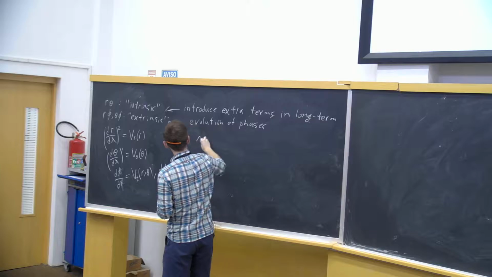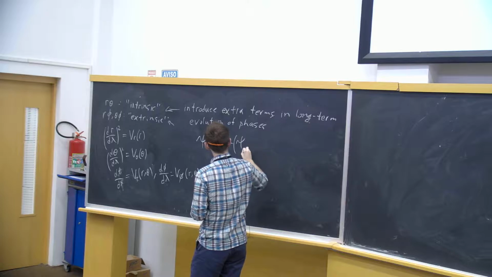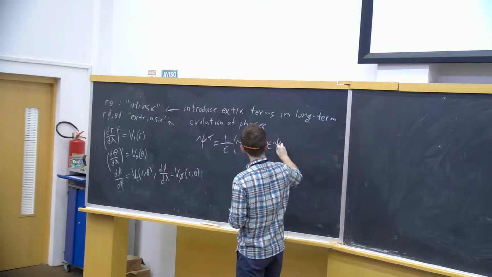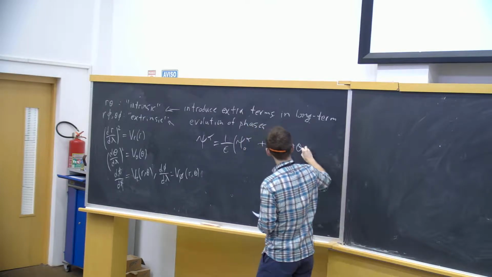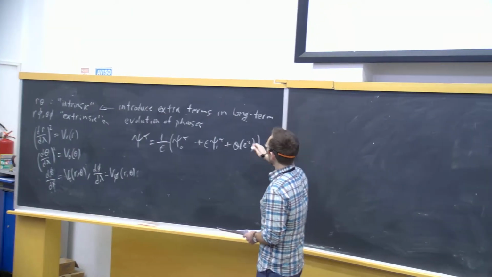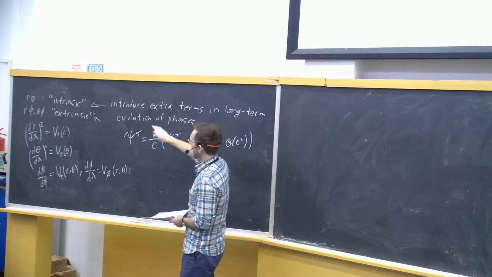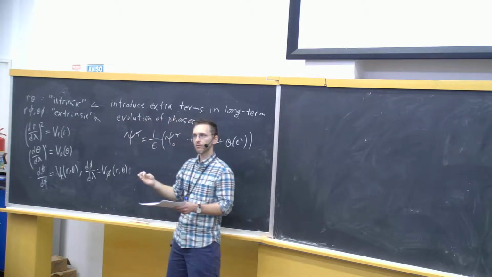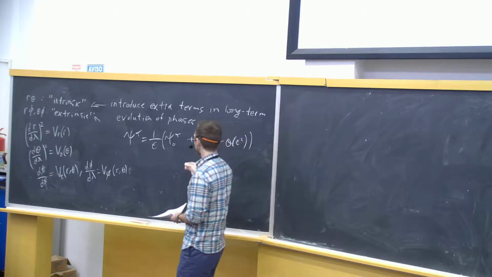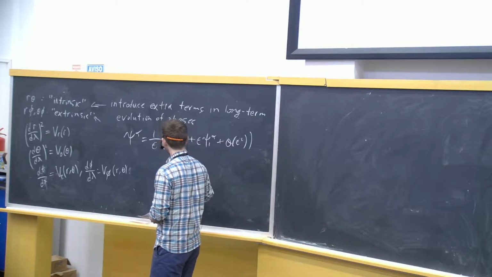So remember I had psi alpha was 1 over epsilon, psi 0 alpha plus epsilon psi 1 alpha plus order epsilon squared corrections. As the orbit evolves, the frequencies will change with time, and you'll pass through resonances. These are transient resonances. You'll pass through, encounter a resonance, keep evolving out of the resonance, and that passage through resonance ends up introducing a square root of epsilon term here.